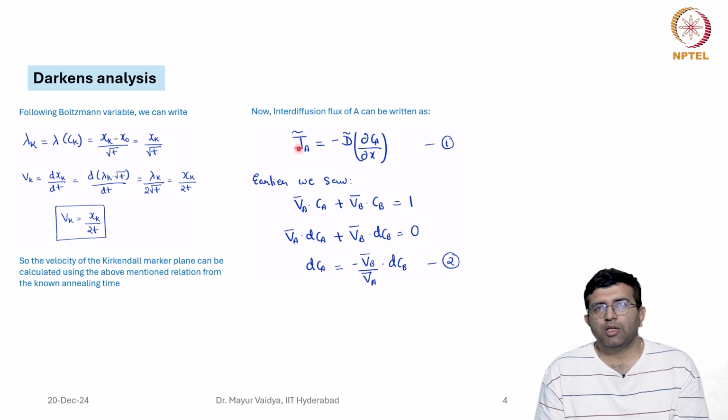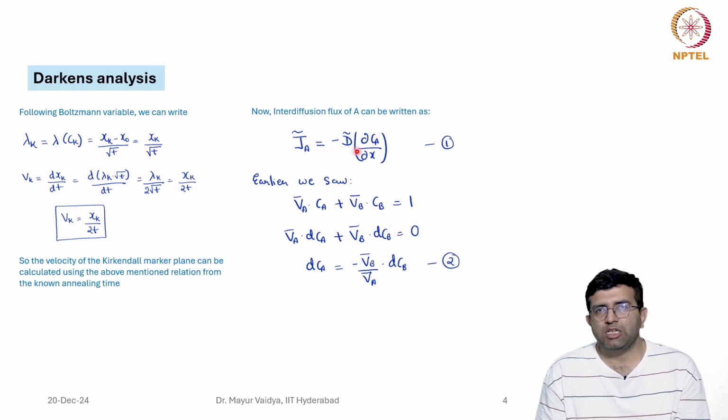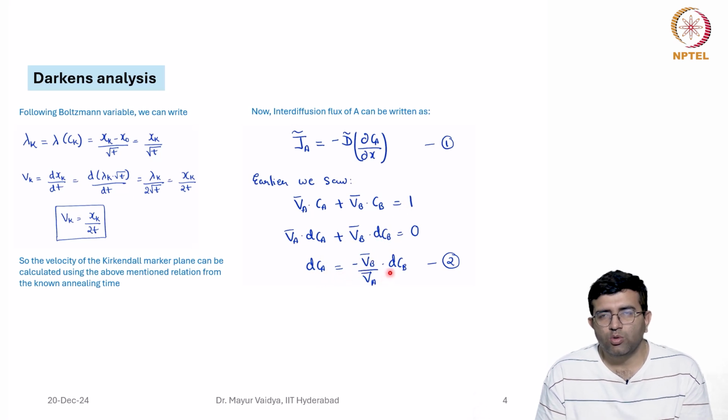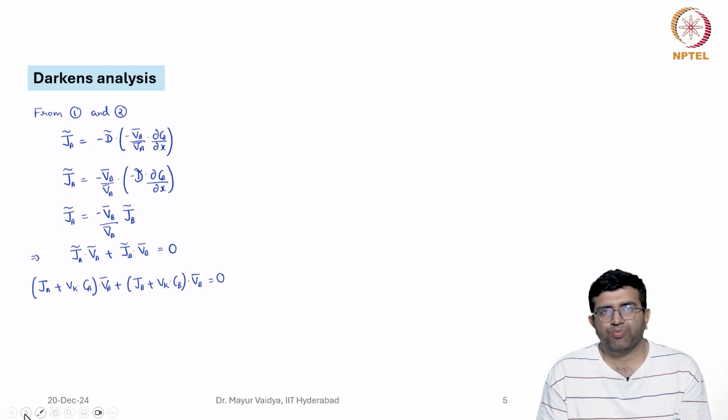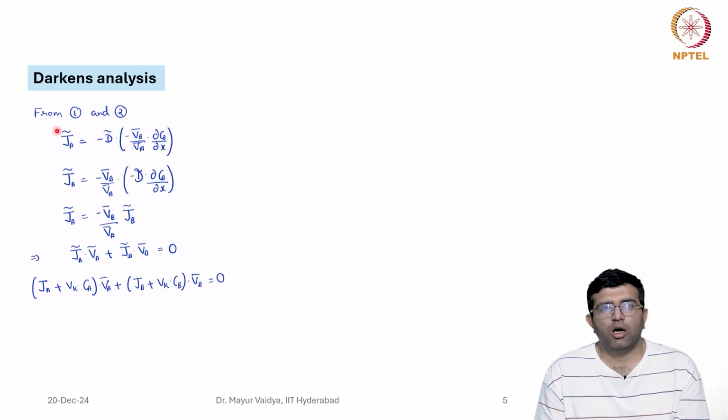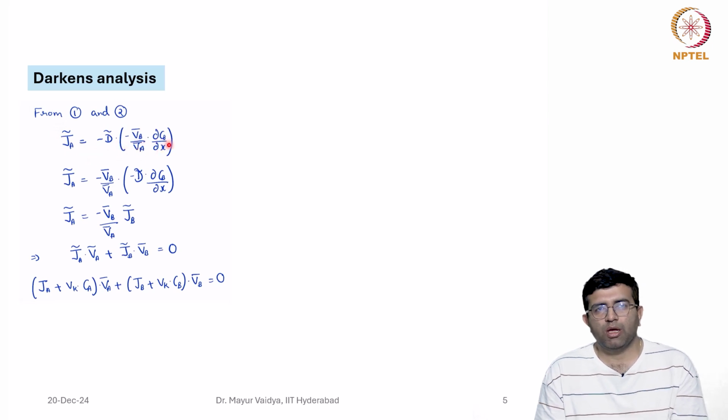Now, the interdiffusion flux can be written as minus D tilde into ∂C_A/∂x. What we have seen before, V_A bar into C_A plus V_B bar into C_B is equal to 1. If you differentiate this, what you get is dC_A is equal to minus V_B bar by V_A bar into dC_B. So, if you substitute this here from 1 and 2, you get J_A tilde is equal to minus D tilde into minus V_B bar by V_A bar into ∂C_B/∂x.